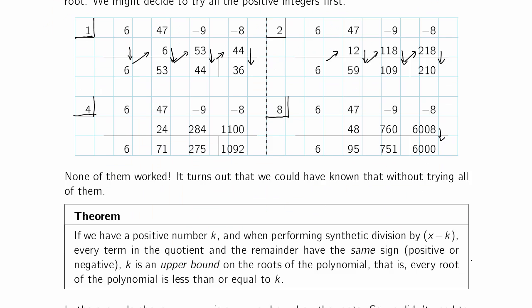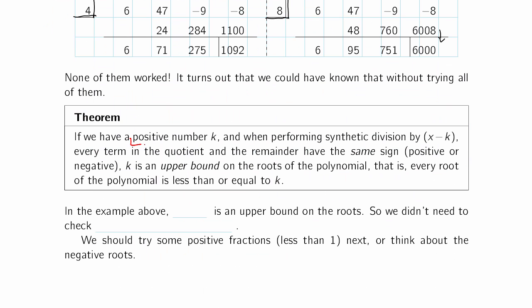By this theorem, if we have a positive number, and when we do the synthetic division by the corresponding coefficient, so we do the synthetic division to plug that in, every term in the quotient and also the remainder have the same sign, either all positive or all negative, though we usually work with positive leading coefficients, so they'll all be positive. Then that number is an upper bound on the roots of a polynomial.